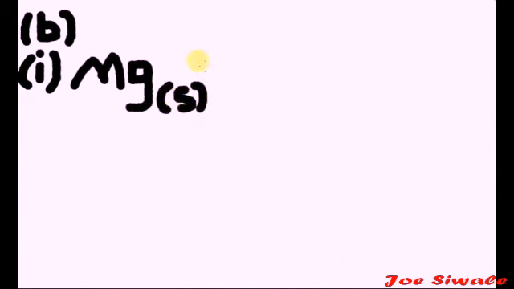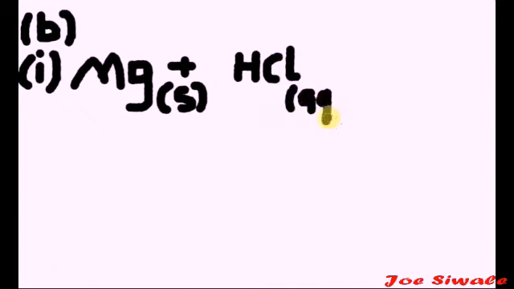When magnesium reacts with hydrochloric acid, the products are magnesium chloride plus hydrogen gas. So the symbol of magnesium is Mg and the state symbol is s, plus the symbol of hydrochloric acid is HCl and the state symbol is aq.